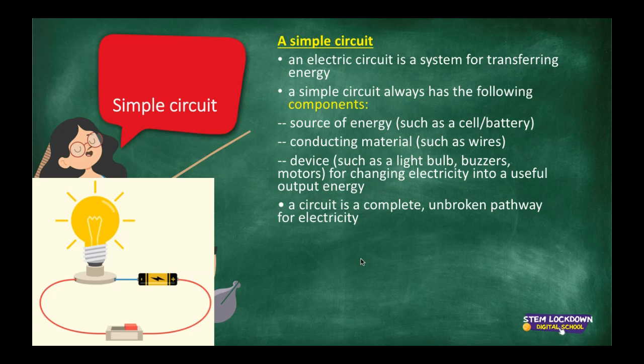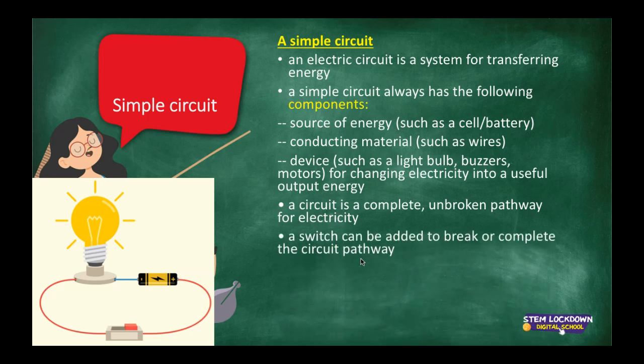Somewhere along the line, it could be that the battery has broken or the wire has chipped a bit or the light bulb has died. So it will no longer be called complete, right? Because it's not working. So if your light doesn't go on, then there must have been some sort of broken pathway for electricity to flow.